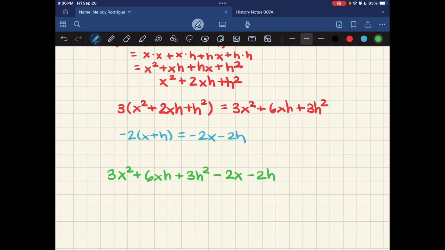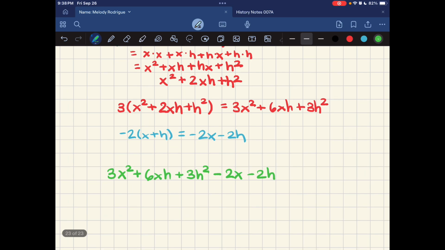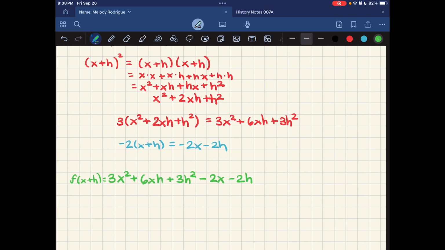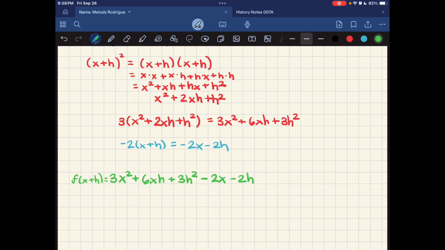So that's the complete expansion of f of x plus h. Oh, and I forgot to put f of x plus h equals. So we already know that f of x plus h equals this long equation.